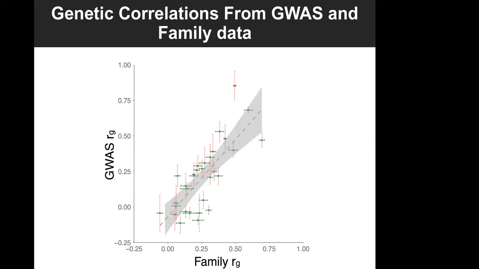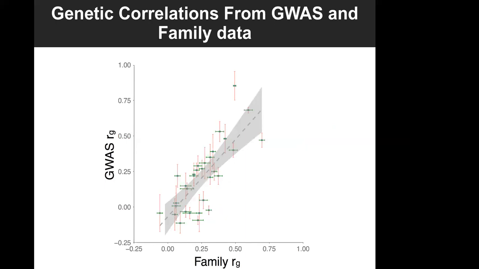So it's a straight line from zero, a 45-degree line. This indicates that the family-based genetic correlation we estimated reflects predominantly common variants. So the common variant genetic correlation and the family correlation estimates show about the same trend.